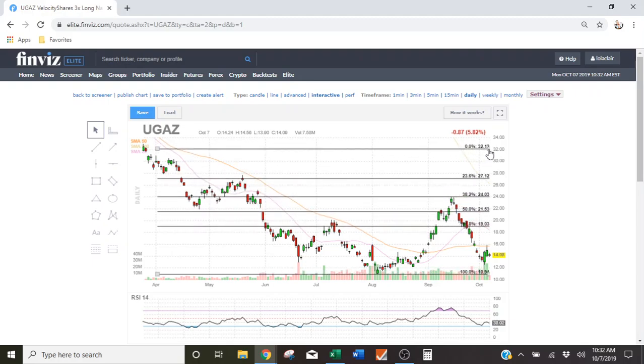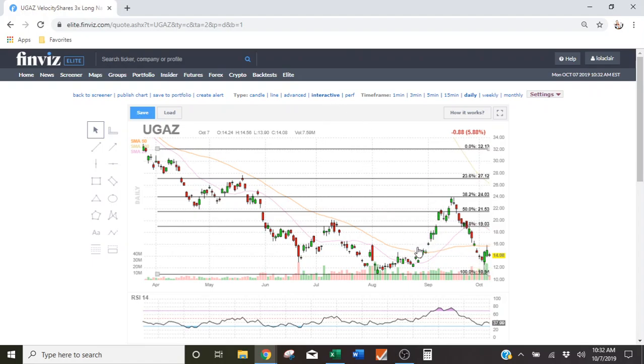And there you go. So what it looks like right now is that the stock is at $14.09. It fell from $24 all the way down to about $12.50 or so. So yeah, I use that.